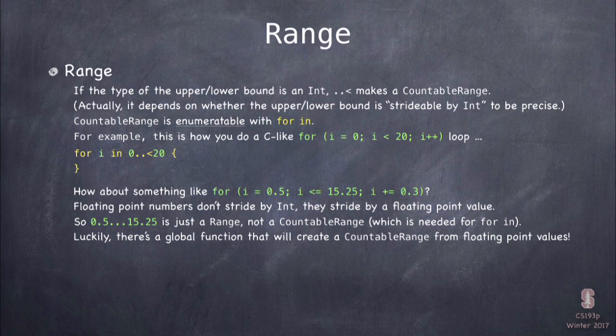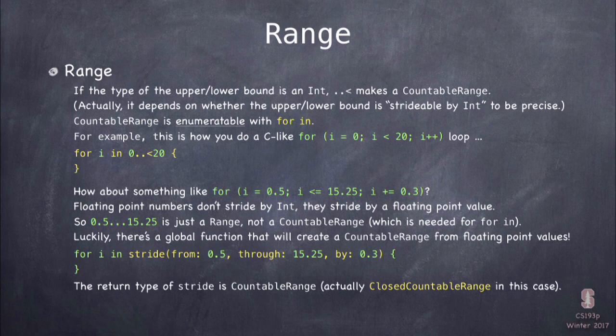But luckily, there's this great global function called stride. Stride takes a from and a to or a through, depending on whether you want to go through to the end or just to it, not including it, and a by, which is what it's going to step by. So here I say stride from 0.5 through 15.25, because I want less than or equal to, by 0.3.